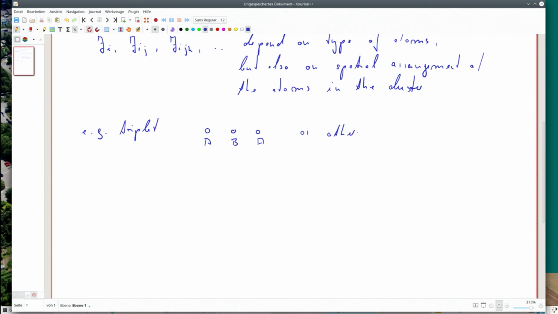So you have different occupations of this cluster, and then besides this linear cluster, you can have a triangular cluster, or something like this, and so on. So you see there is quite a number of different clusters possible.